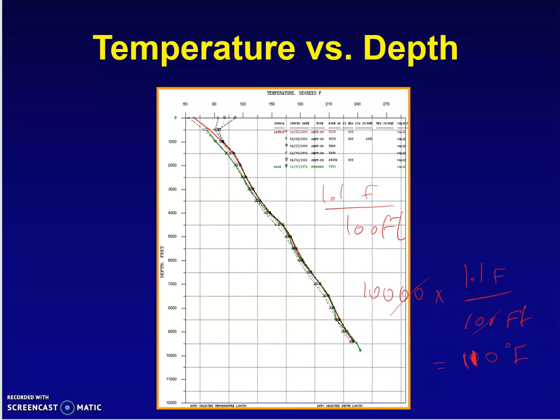Now if your surface temperature is 60, then 60 plus 110 would be the temperature at the depth of 10,000, and that is equal to 170 degrees Fahrenheit, right? This is a rule of thumb. It could be different. For example, in this picture you can see that at 10,000 feet you have a much higher temperature, 210 degrees Fahrenheit, but this is the rule of thumb if you don't have enough information about the temperature of the reservoir.